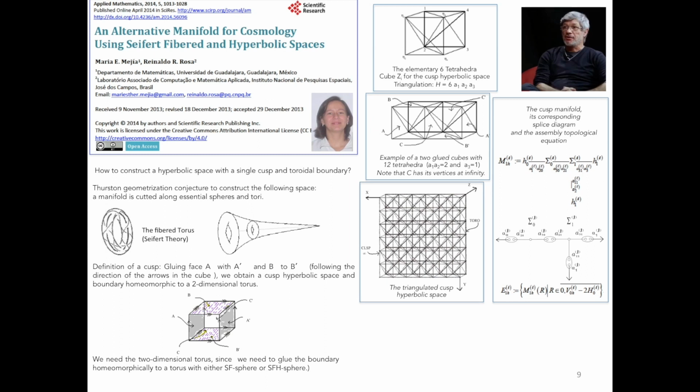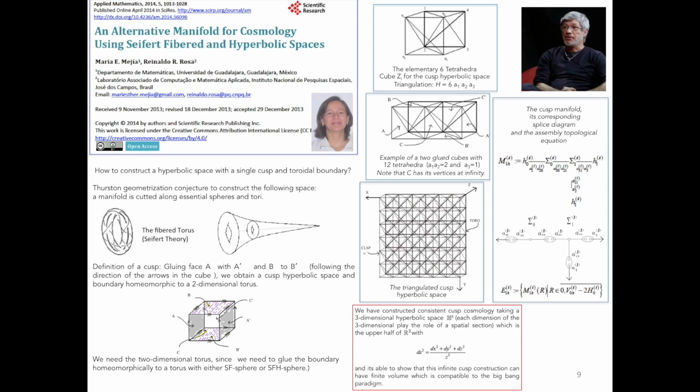But in short, we can say that the Cusp cosmology has been constructed taking the 3D hyperbolic space, which is the upper half of Euclidean space with this matrix. And this infinite cusp construction can have a finite volume, which is compatible with the Big Bang cosmological constraints.